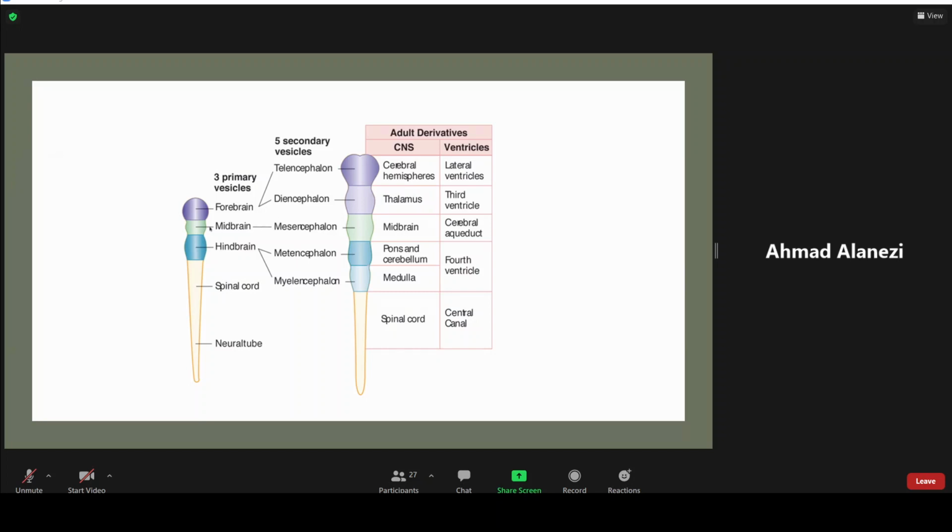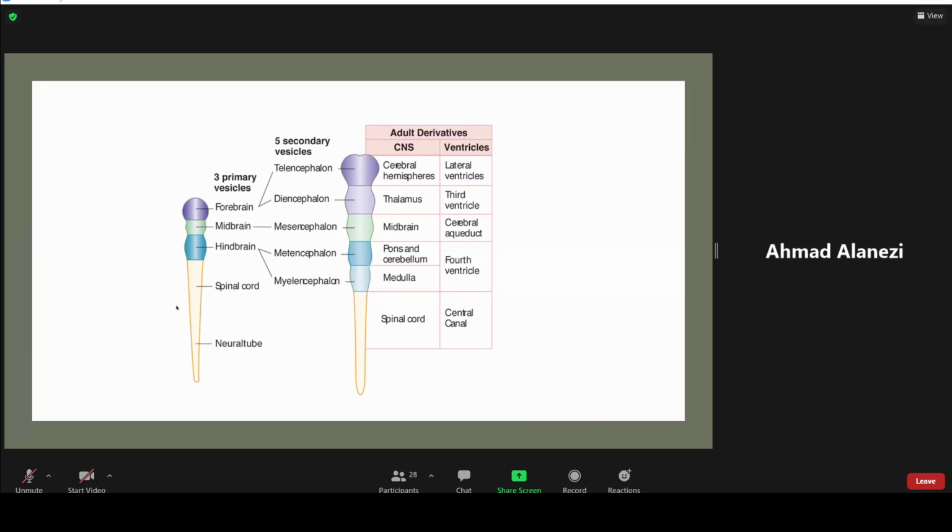The midbrain differentiates into mesencephalon, which gives rise to the midbrain. Now the posterior structures, brainstem, cerebellum and medulla, all differentiate, and their origin is from the hindbrain.